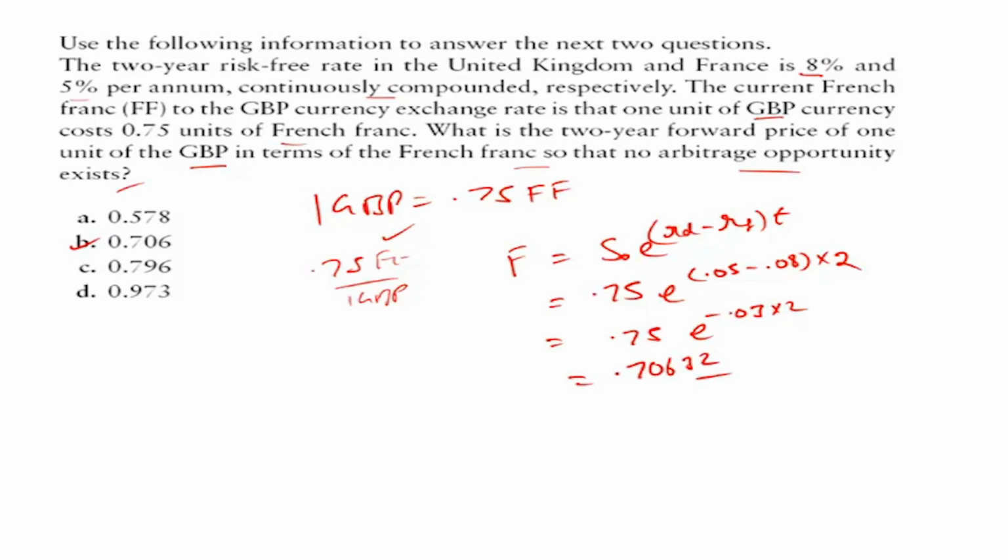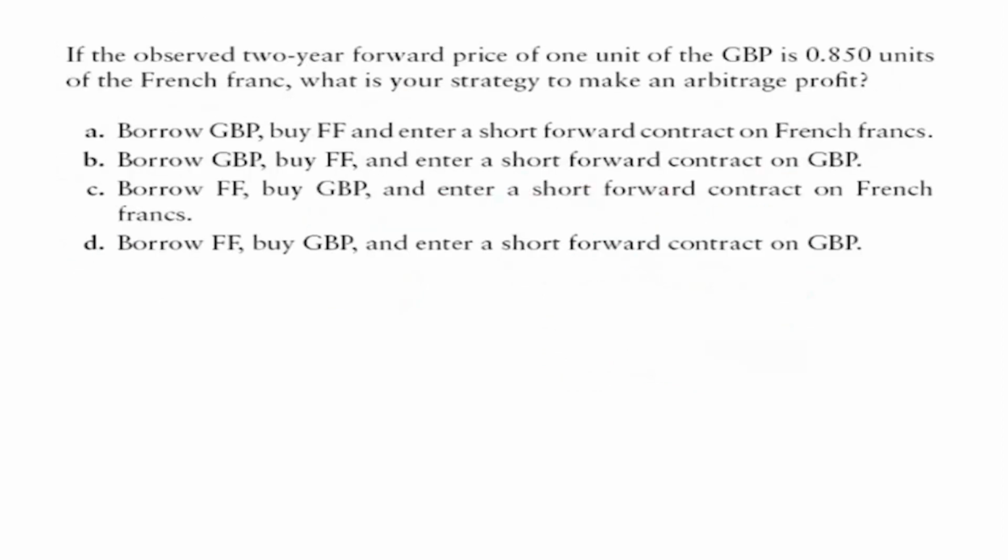That's a straightforward question. We've already solved it. If the observed 2-year forward price of 1 unit of GBP is 0.850 units, so at t equal to 0, the French franc rate is 0.75 French franc to GBP.